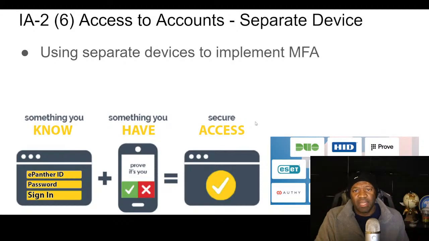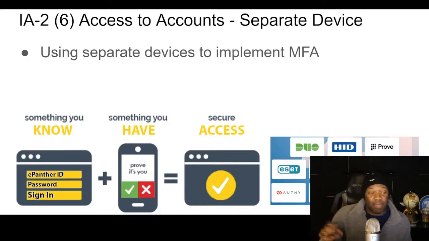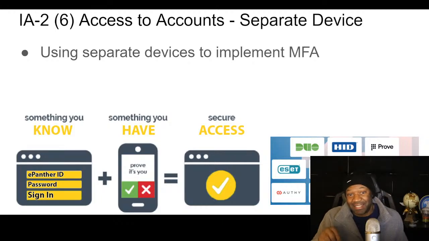Now you, as the system security officer, as the cybersecurity person, would interpret this, and the way you would assess whether your organization has it is just by observing. You would observe that whenever we log in, we have to use a push notification from our phone that gives you a check mark or an X to say if it's approved or not.